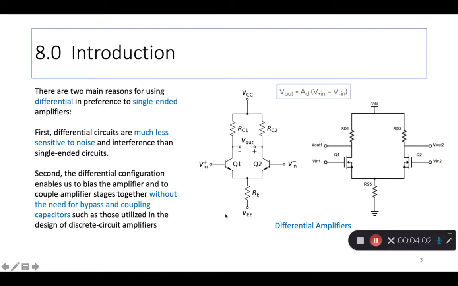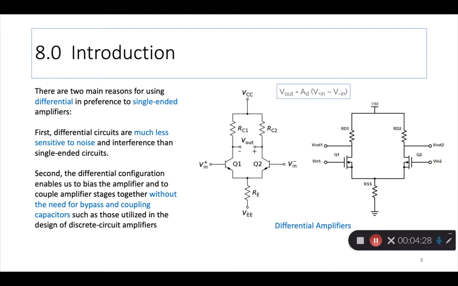Secondly, the differential configuration enables us to bias the amplifier and to couple amplifier stages together without the need for bypass and coupling capacitors. You may remember from previous amplifiers we have studied, such as the common emitter or the common source, that we have all these coupling capacitors between stages.